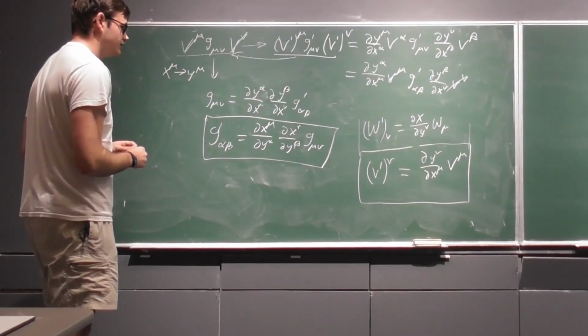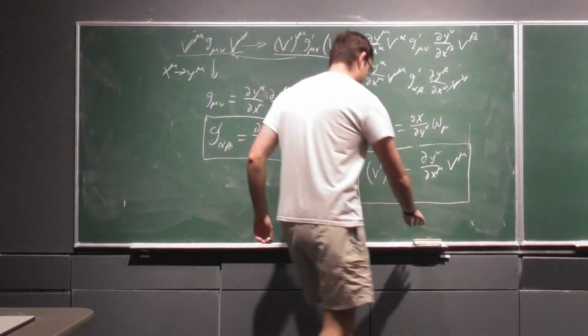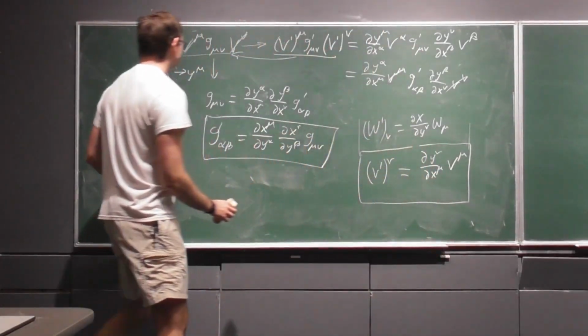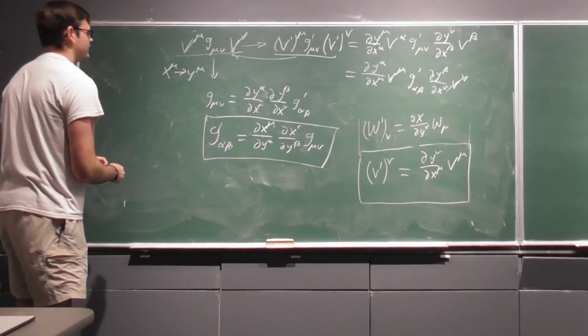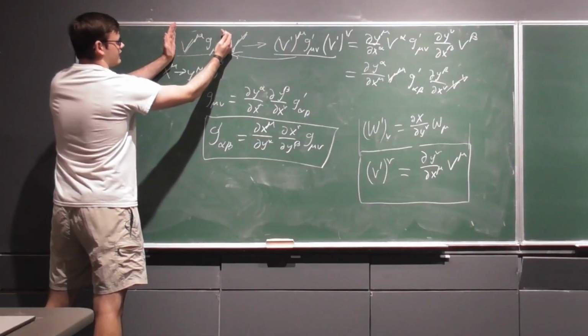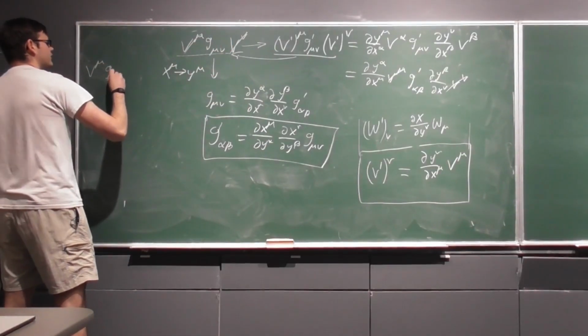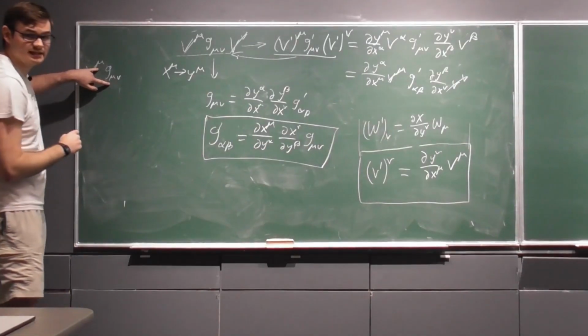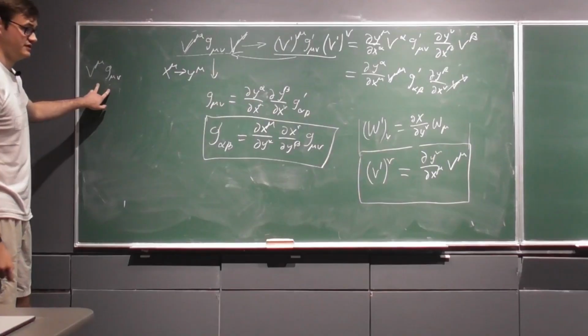Okay, I want to show the jiggery pokery you can do with the metric. Leave those expressions. Let me just take this. I have v mu, and I have g mu nu. So I have two indices that are the same, so I'm summing over them. How does this thing transform?